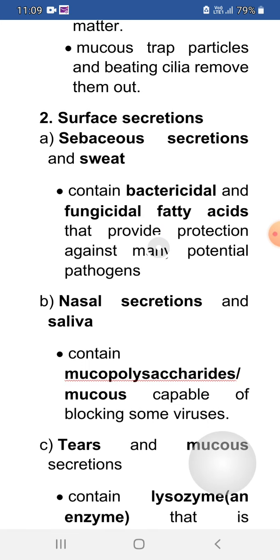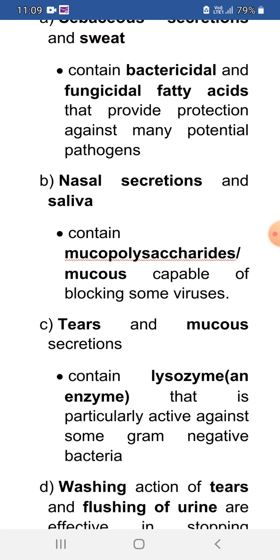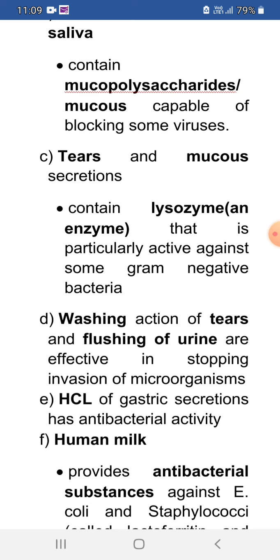Then nasal secretions and saliva also contain mucus. Mucus, we have seen how it works. It blocks the viruses. Mucopolysaccharides or mucus blocks the viruses. Then we have tears.